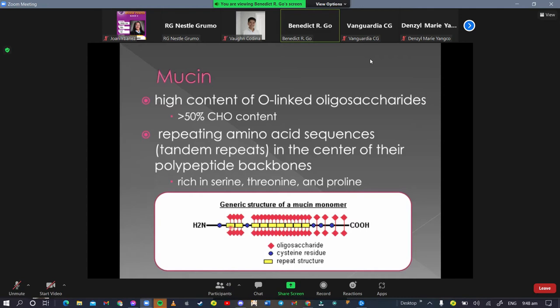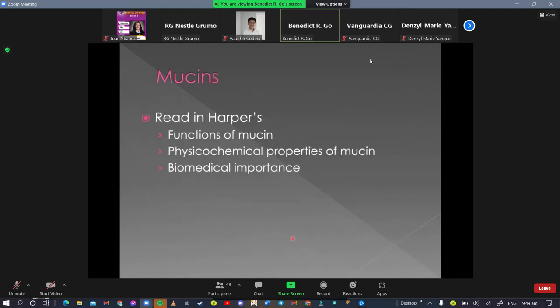And this is the structure, the backbone, and that yellow block shows the tandem repeats. And then these are the oligosaccharide attachments. Now in Harper's, you'll be able to read the function of mucin, physicochemical properties of mucin, and the biomedical importance.